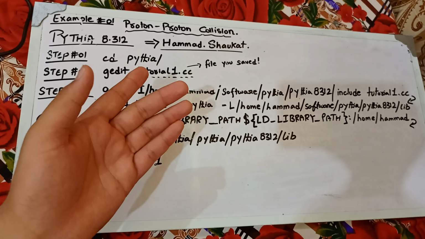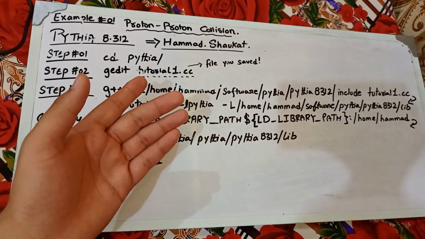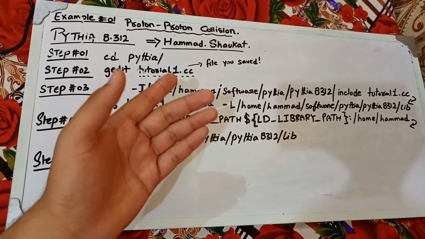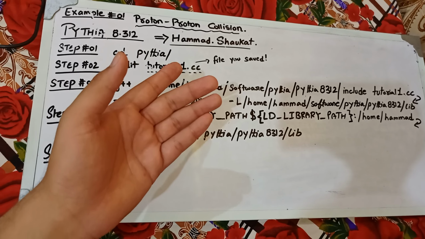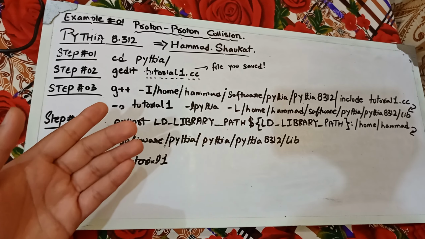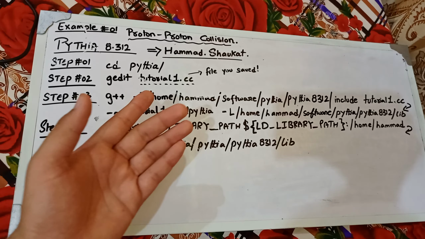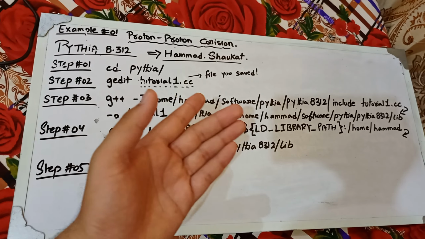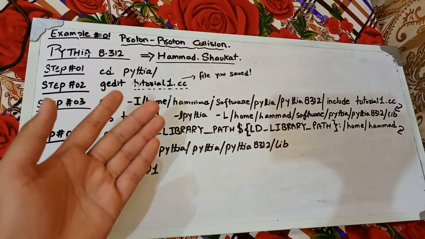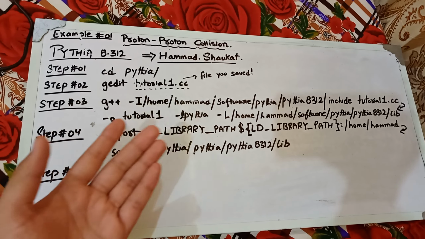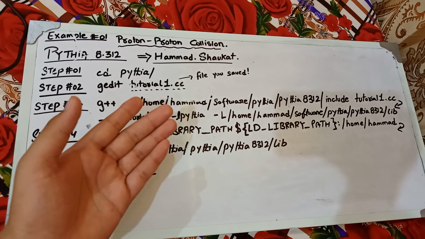I named it tutorial1. You can name it yourself, tutorial1.cc, but .cc is a must because it's a C++ file, and for compilation we use g++. This also depends on your computer: you have to go into home, then your computer name. My computer name is Hammad, so that's why I'm using Hammad.